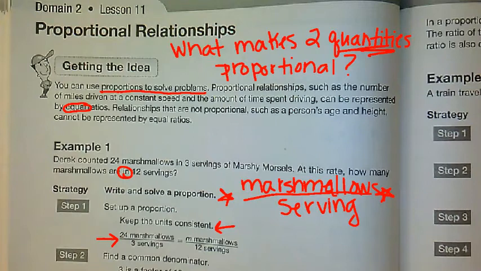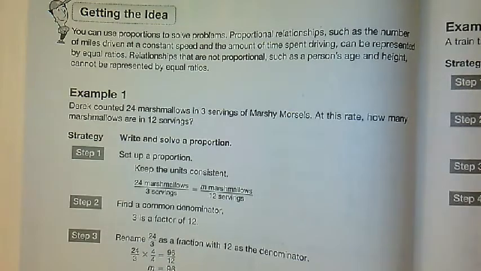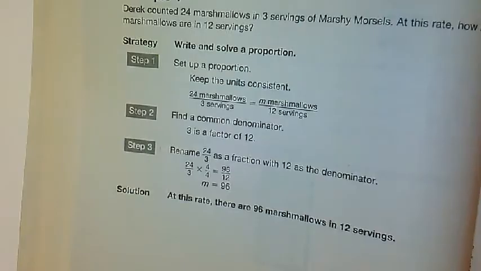In the second ratio, we also have marshmallows on top and servings on the bottom. So even if you flipped and did servings on the top, both the servings have to be on the top. All right, so we need to keep that consistency, and that's the only way that we're going to solve this proportion correctly. Okay, so you have to be careful about those units.